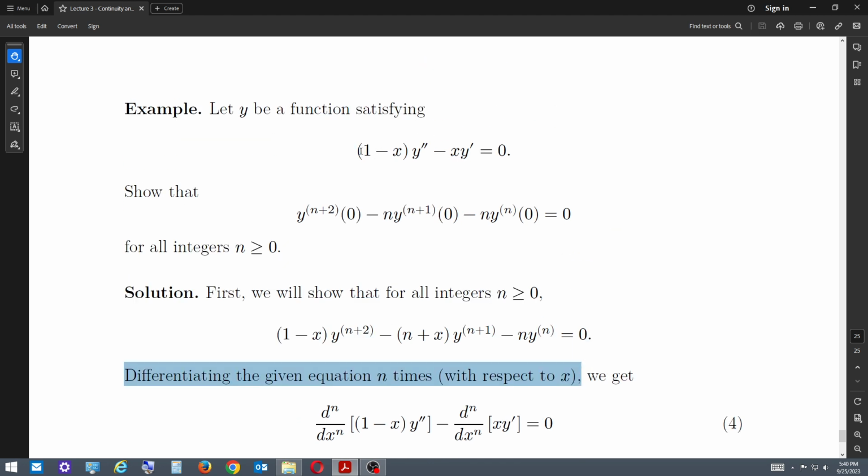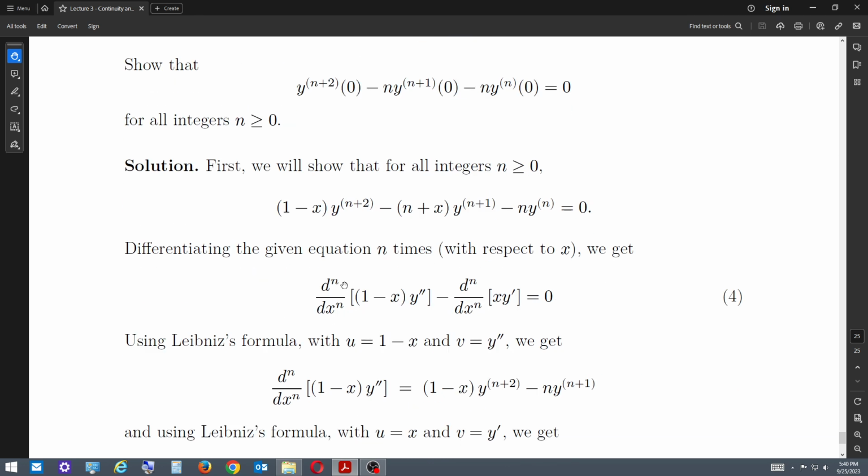Remember I said I have two products here. So I'm going to have to differentiate each product n times. This one minus this one, and it's equal to 0. Let's start with the first one. We're going to have to take each of these separately. This is similar to the previous question we looked at. I can let u be this 1 minus x. You have to be careful here because it's no longer y, it's y double prime.